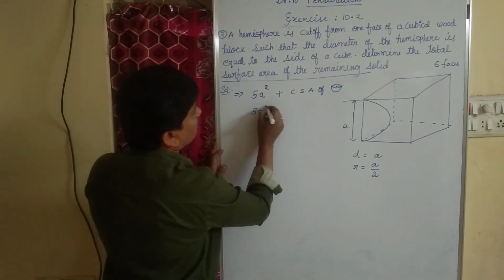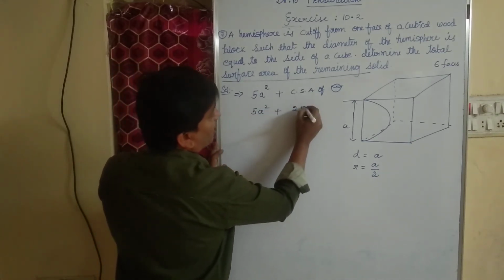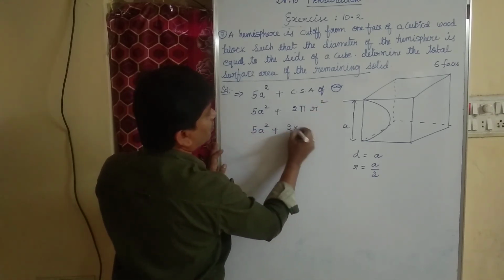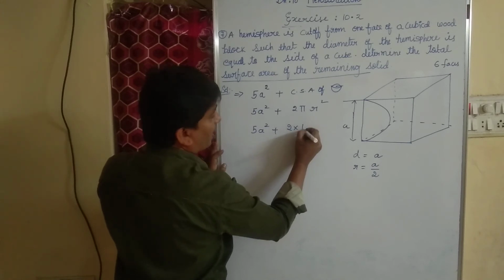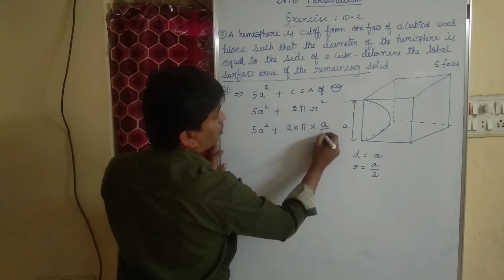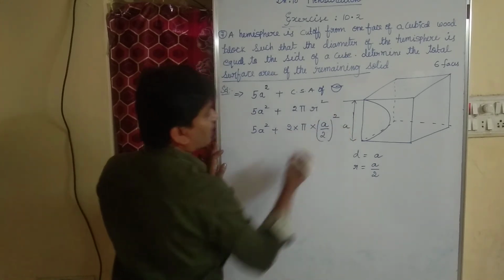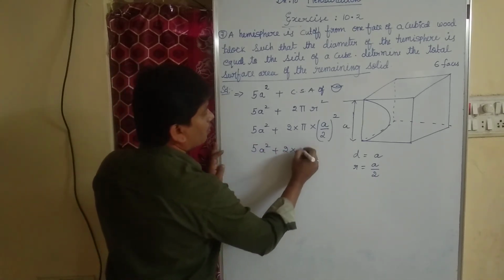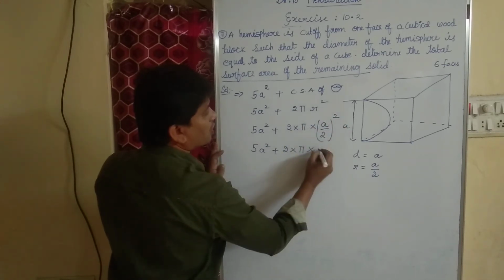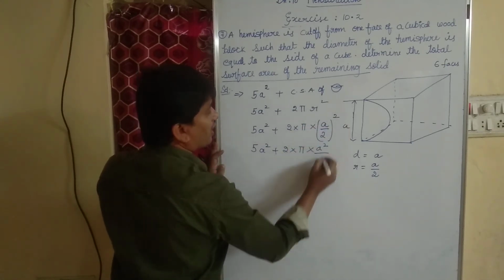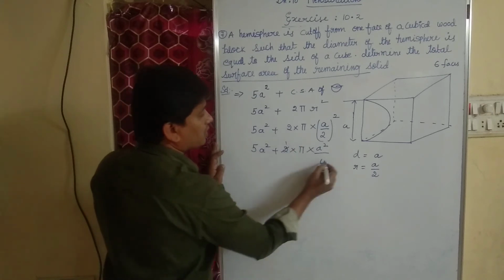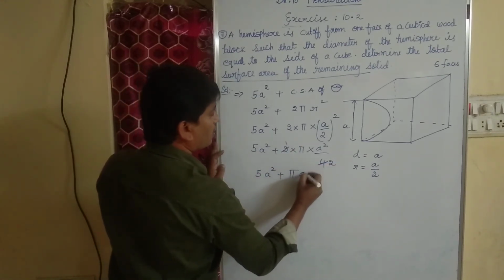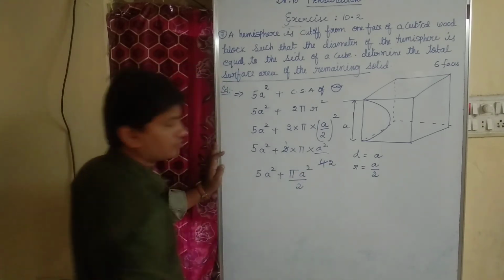CSA of hemisphere is 2 pi r square. So 5a square plus 2 into pi into radius a by 2, whole square. So 5a square plus 2 into pi into a square by 4; 2 ones are 2, 2 twos are 4, cancel. So 5a square plus pi a square by 2.